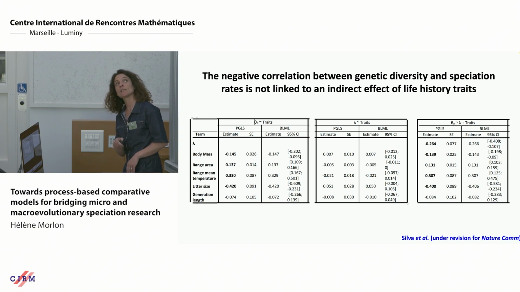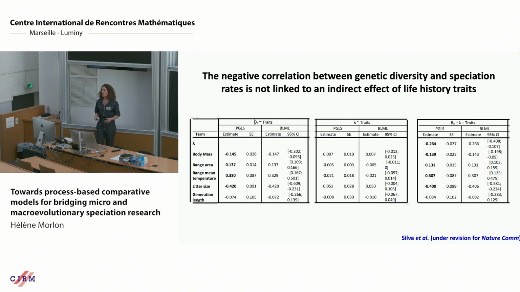And when we tested for the correlation between genetic diversity and speciation rate, accounting for these different traits, our negative relationship was still significant. So it doesn't seem like it's the indirect effect of these particular variables that generates this relationship.